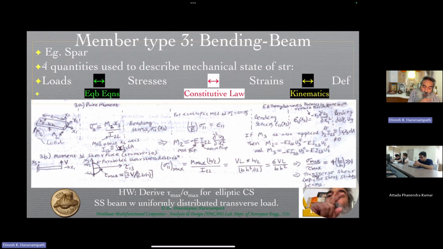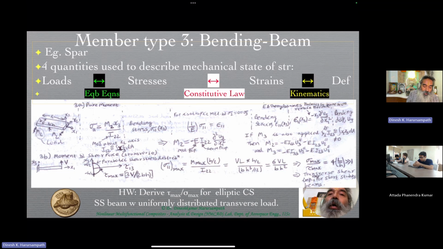And therefore, here we are talking of a curvature. So instead of a slope, we are talking of a curvature over here. And that curvature is the main 1D variable over there. Just like in the previous example, it was the twist rate, the twist per unit length, which was the main thing. And the one before that, it was the axial deflection rate with respect to the length, which was the governing factor as far as the geometry is concerned.